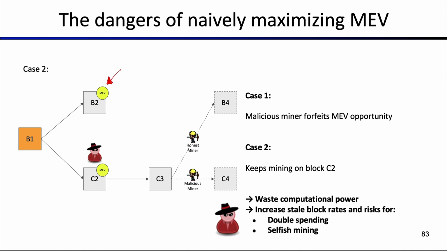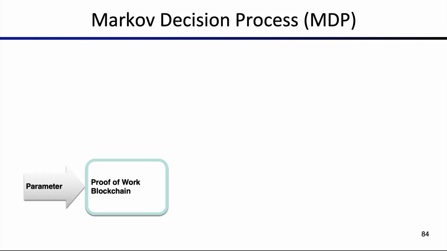So what we observe is a potential waste of computational power, which then increases the stale block rate, and this increases the risks of double spending and selfish mining, two very security relevant concepts that we have discussed in this lecture already.